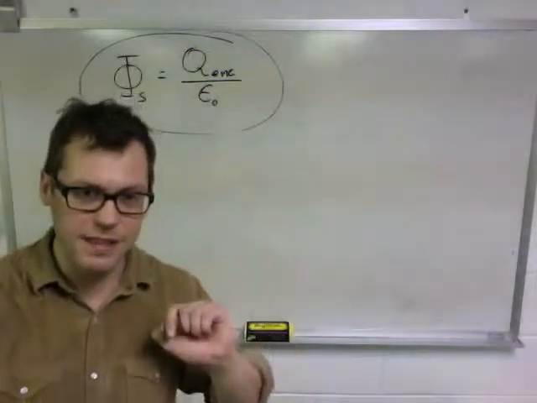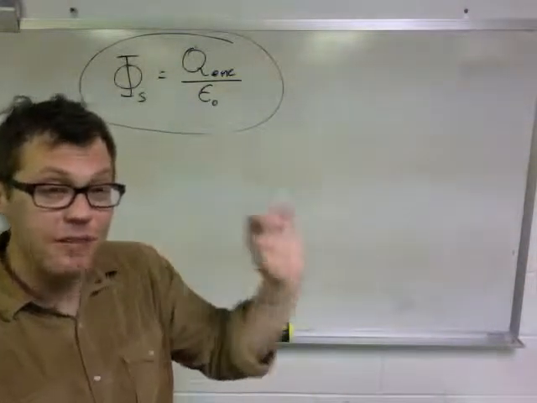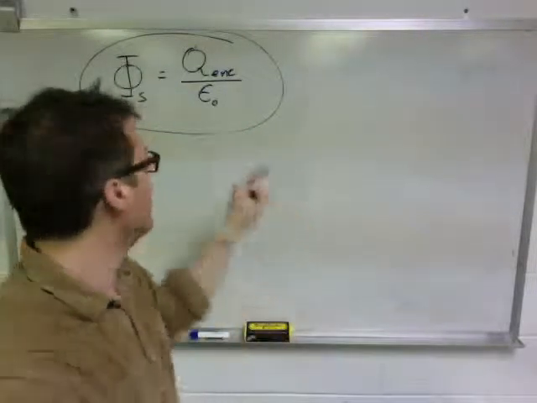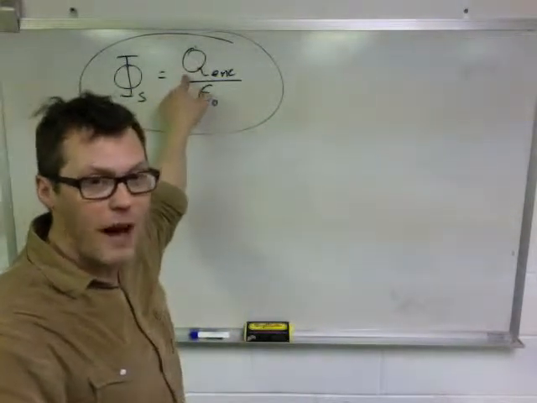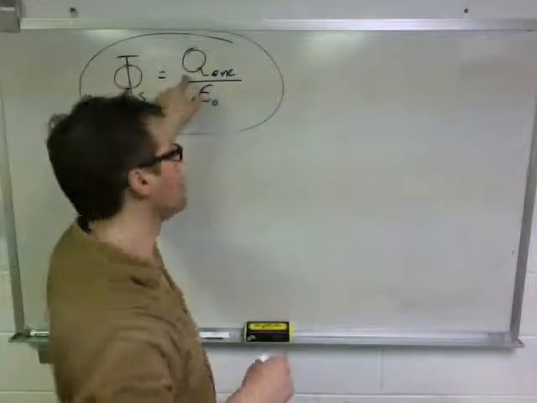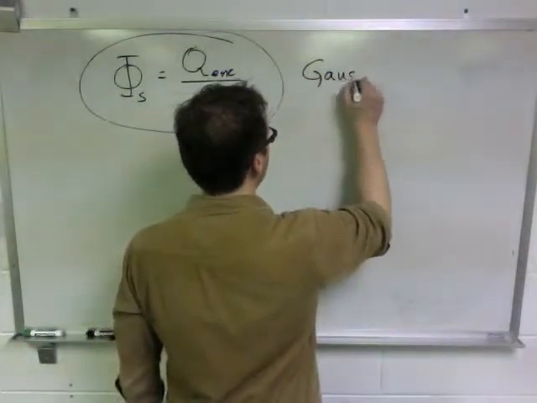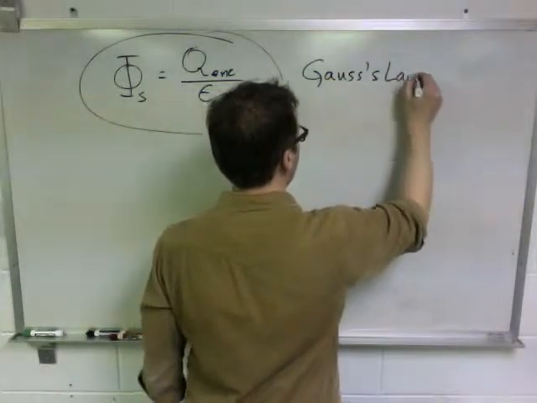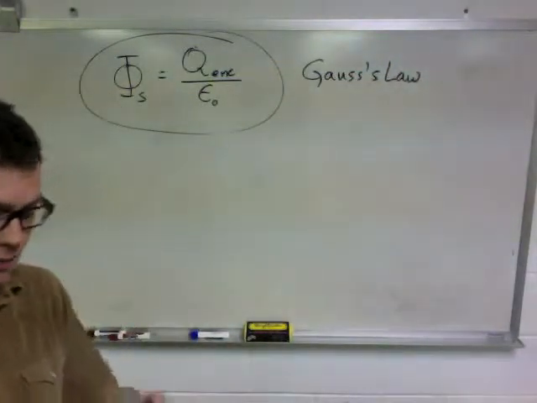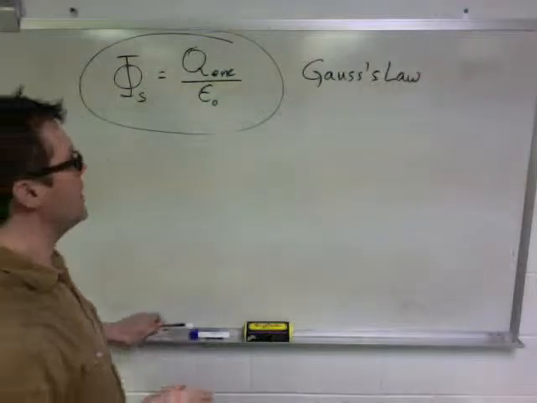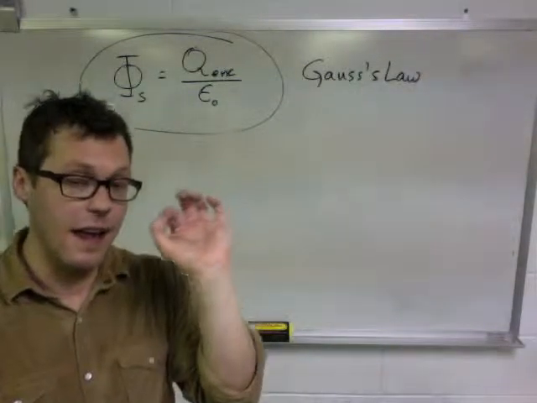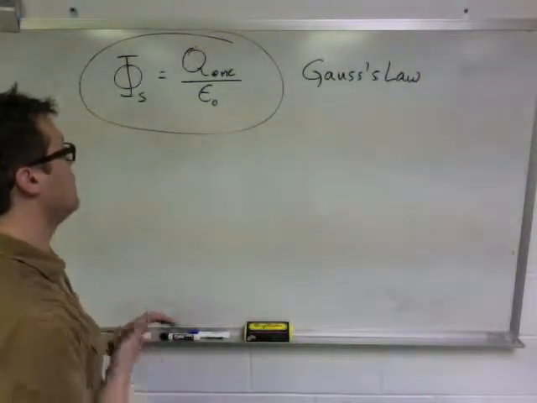It's true in the simple example that I showed you, but it's true, in fact, for all possible closed surfaces and all possible arrangements of charges inside that surface. This is the famous Gauss's law that I've been advertising. It doesn't look like much, but in fact, it's a very fundamental and very important and useful tool.